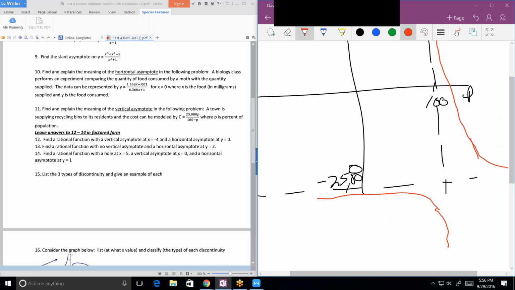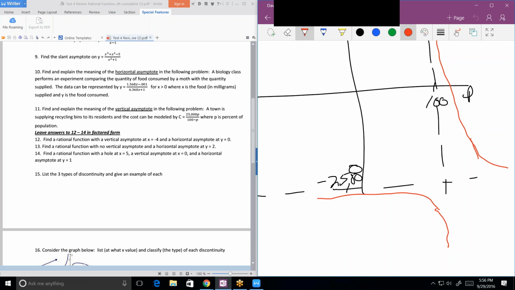What's the meaning of the vertical asymptote? I was thinking because it's a percentage. Nope, doesn't have anything to do with that. It means P can never be what that vertical asymptote is. So P cannot be 100.